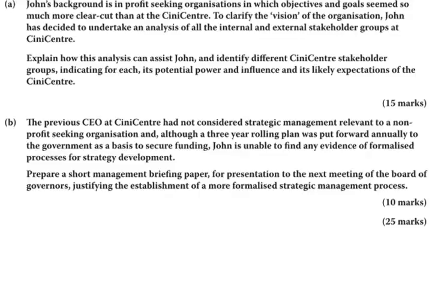Here we're told that John used to work in a profit-seeking organization. CiniCentre is obviously a not-for-profit organization, relying substantially on public funding. And when you move to a not-for-profit organization, things tend to get much more complex, as he's noticed.